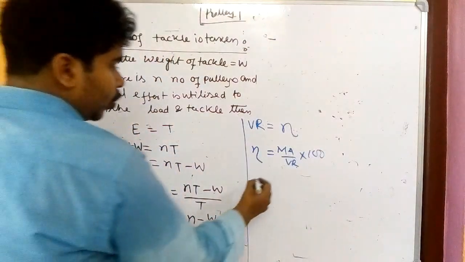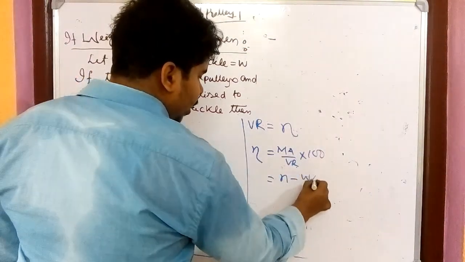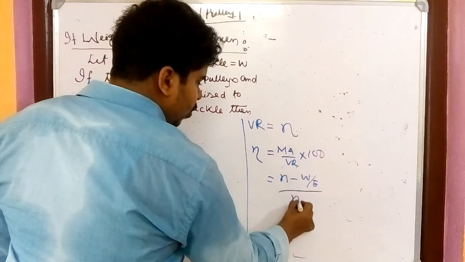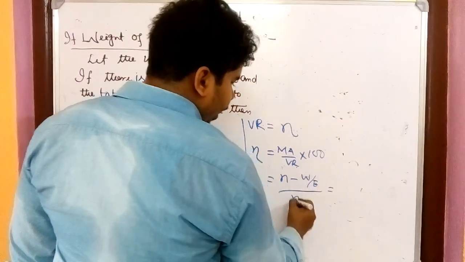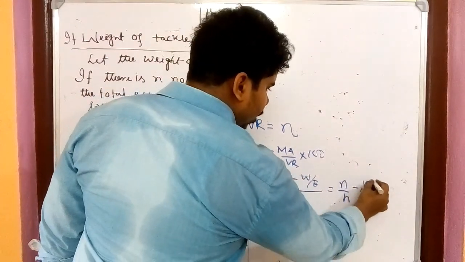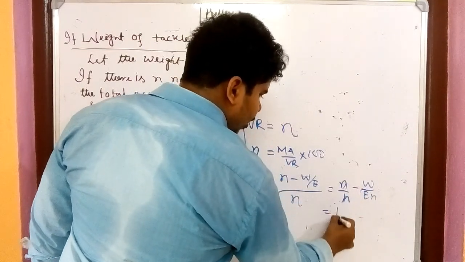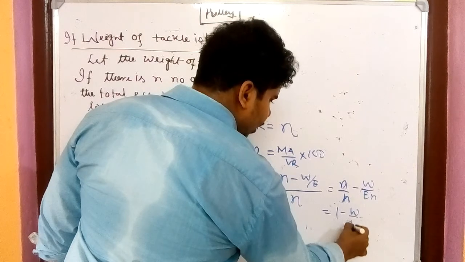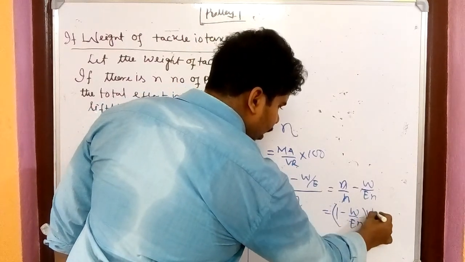If I convert it into percentage, the mechanical advantage is N minus W by E, and the velocity ratio is N. So it will come as N by N minus W by E into N. N by N is cancelled out, so 1 minus W by EN into 100.